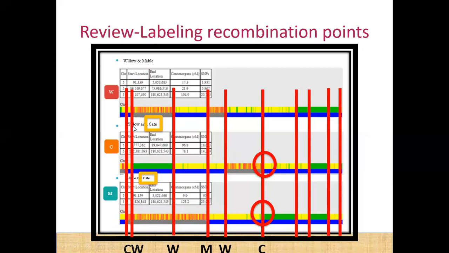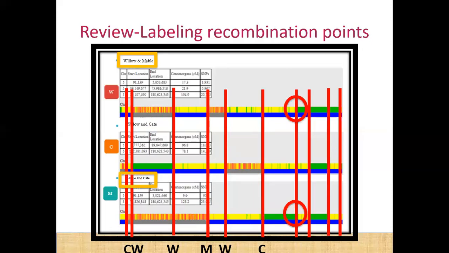The middle comparison is Willow versus Kate, and the bottom comparison is Mabel and Kate. Kate's involved in both of these changes, or is compared both times, and so Kate had the change, and it shows up when she is then compared with either of her siblings. So Kate is the one who had recombination take place.